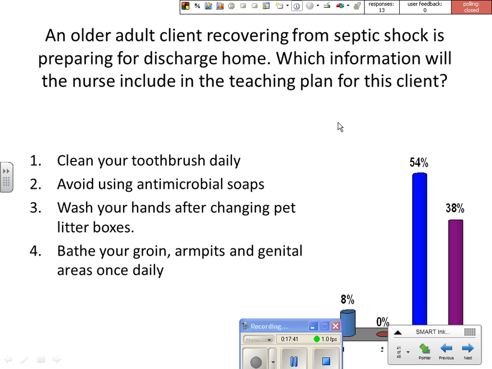So, why did 54% of you get this question wrong? Why did 8% of you get it right? Okay. Patients that are recovering from septic shock should not be changing the litter box at all.